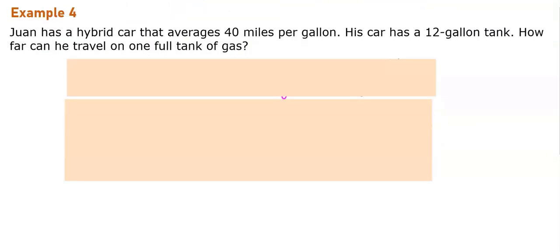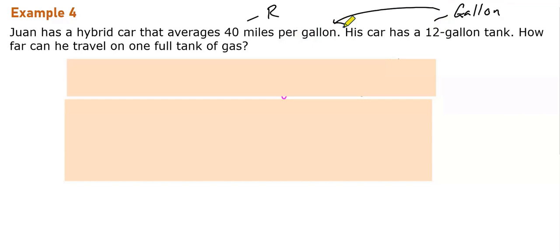All right, so in example 4, Juan has a hybrid car that averages 40 miles per gallon. So this would actually be a rate because it's miles per gallon. His car has a 12-gallon tank. So this is one of the units in the miles per gallon.